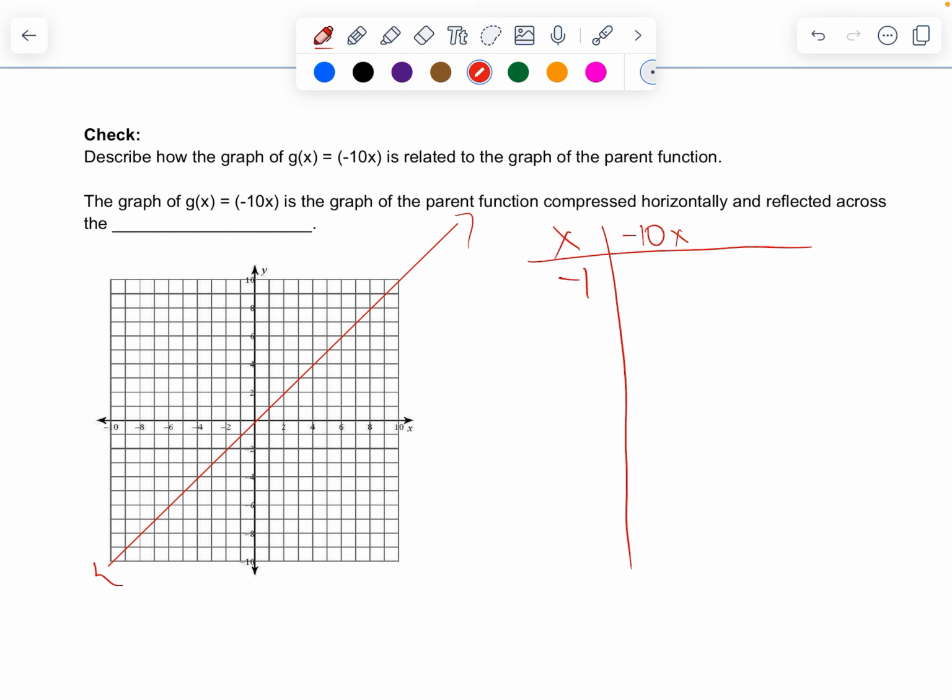I'll take negative 3, negative 2, negative 1, 0, 1, 2, 3. And that would be, oh, we probably don't want this one. Multiply it by negative 10. That's 20, that's 10, 0, negative 10, negative 20, negative 30.